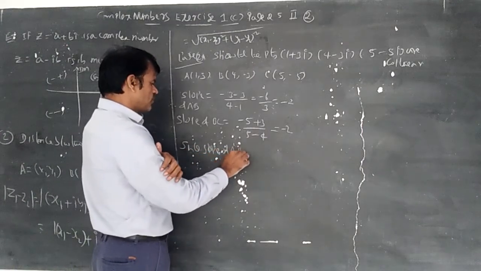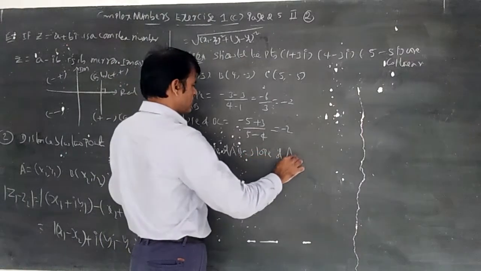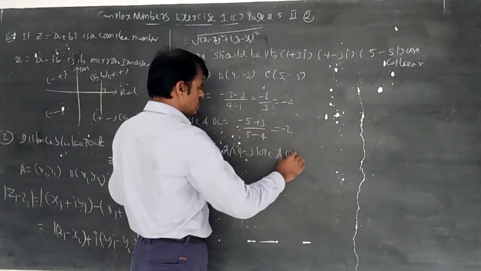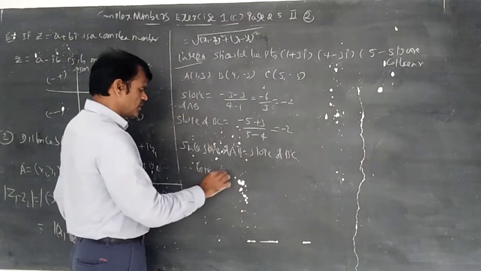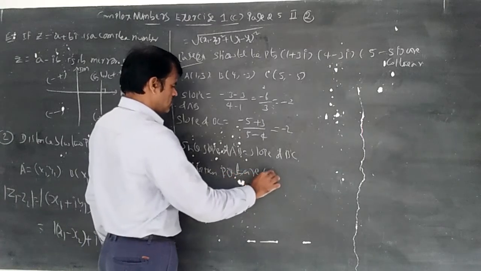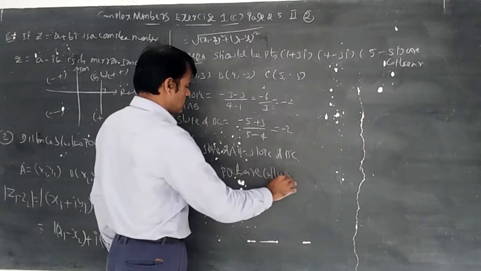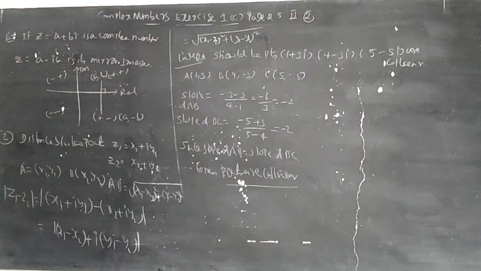Since slope of AB is equal to slope of BC, therefore given points are collinear.